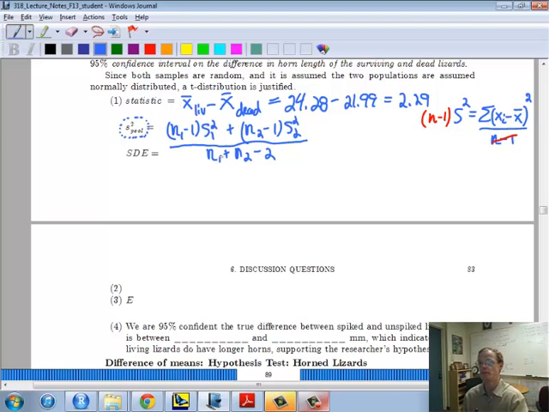And so it's commonly written n1 plus n2 minus 2. Okay, that's the pooled variance. As you can see, it combines all of the data together. It increases our power. That is how sensitive the test is to detect the difference.